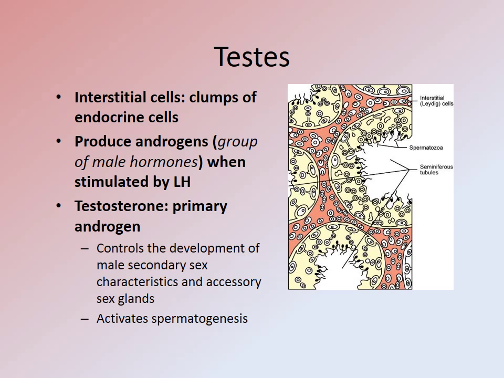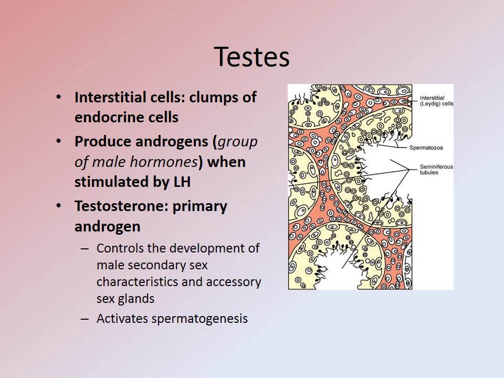So moving down to the reproductive tract, the testes, there's actually interstitial cells, and these are clumps of endocrine cells, okay? And they produce androgens, which is a group of male hormones, when stimulated by the luteinizing hormone. So that's its endocrine function in the testes.